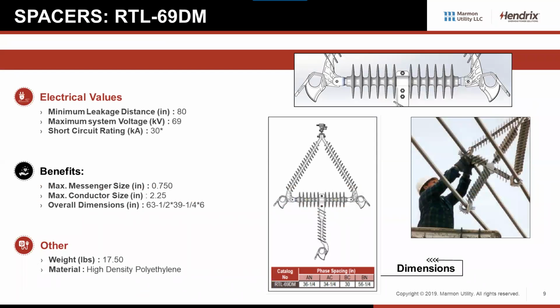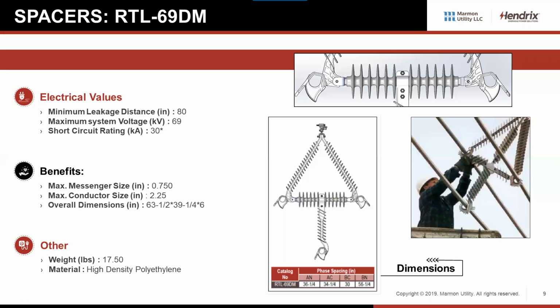Like I said, we go all the way up to 69 kV. At 69 kV, we really only make a DM version. This is our newly designed 69 kV. So if some of you have some experience with our 69 kV product, this may look a little bit different. Since the whole spacer is manufactured from the polyethylene, the plastic, obviously, the bigger you make that support member, the more flexible it gets.